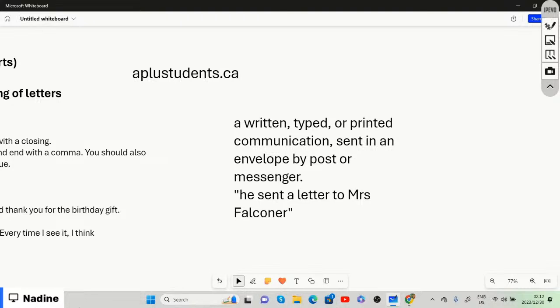It is a written or typed or printed communication sent in an envelope by post or messenger. And if we look at an example: He sent a letter to Mrs. Falconer.